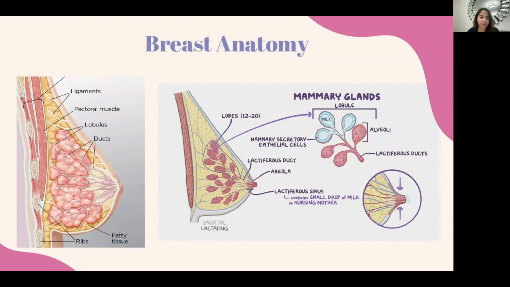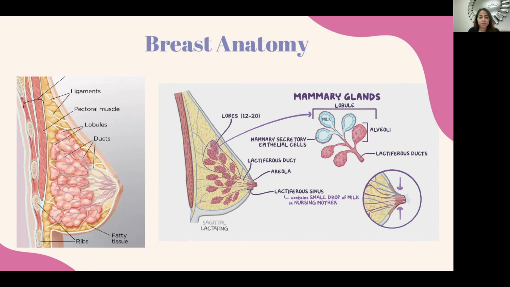So just a little bit about breast anatomy. I'm just going to do a summary. I'm sure we all know a thing or two about it. We have the mammary glands, which are basically modified sweat glands, made up of a series of ducts and secretory lobules. Each of those lobules has a lot of alveoli that are drained by a single lactiferous duct. The ducts converge at the nipple, as you can see in the photo.